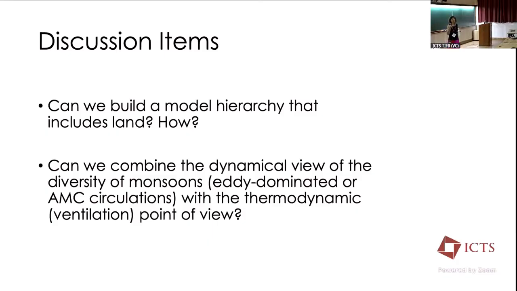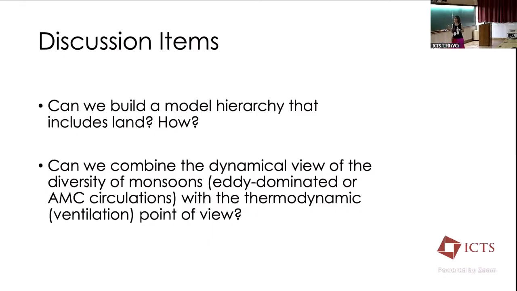If we want to make progress, can we figure out different ways of going about it that think of land as something we can simplify? I don't have an answer to this, but it's a very good question.